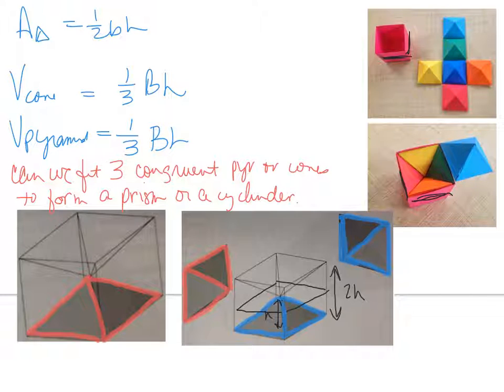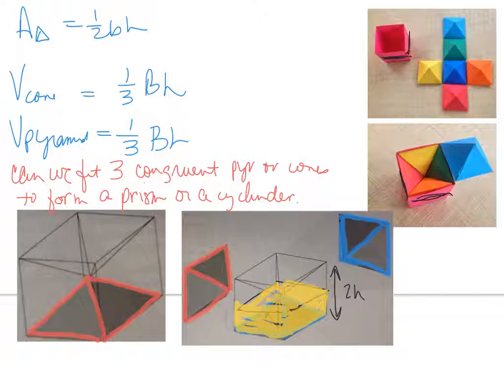So if we poured liquid from the pyramids into the prisms, it would fill up exactly half. So 3 pyramids are half of a prism.